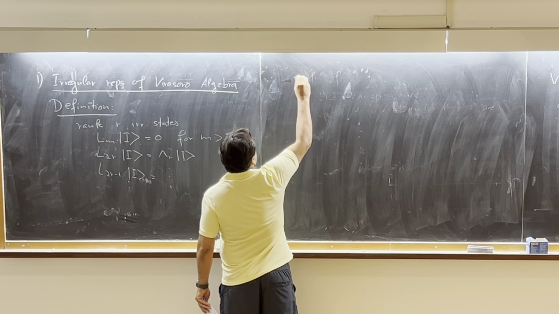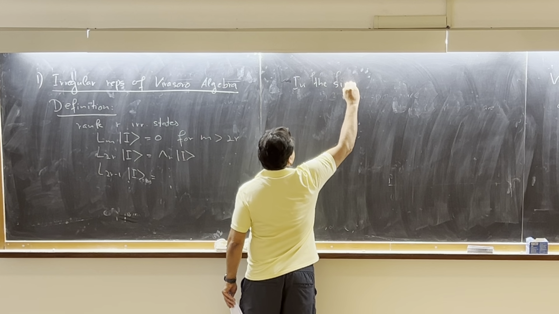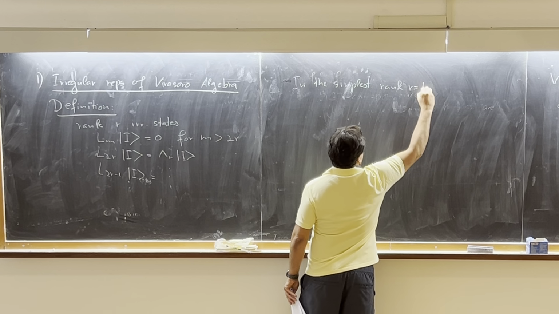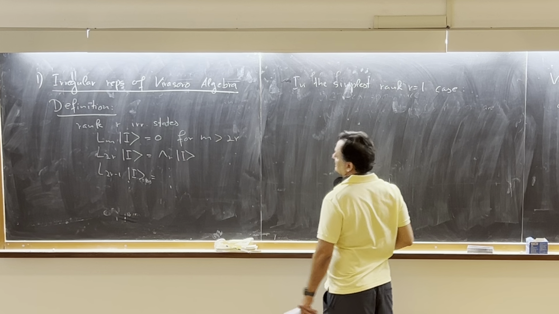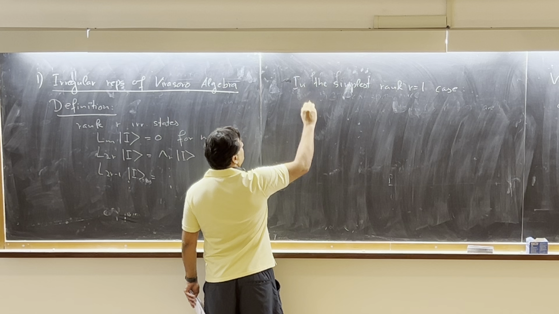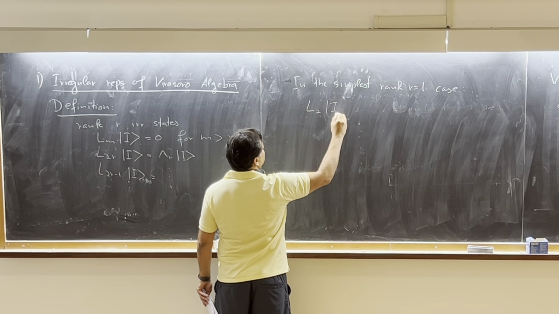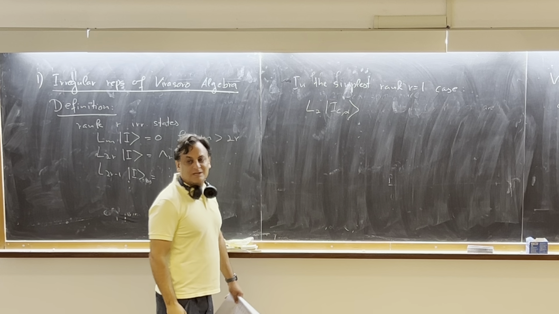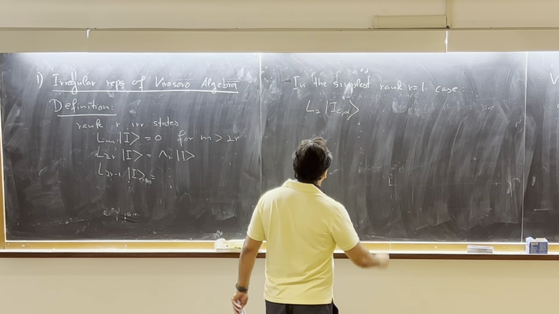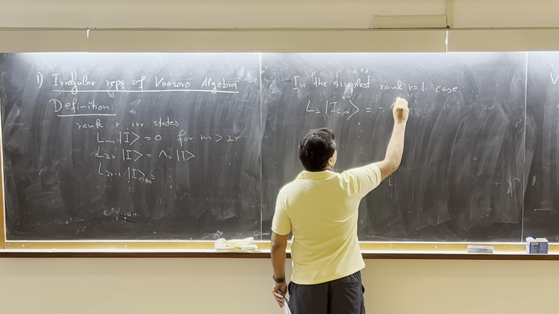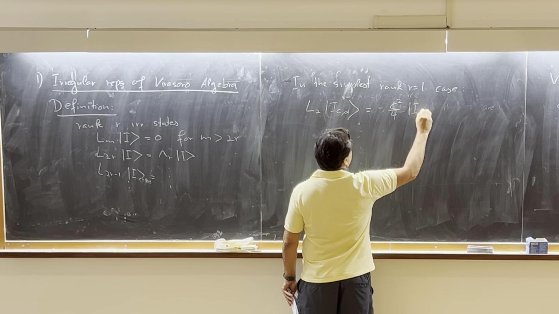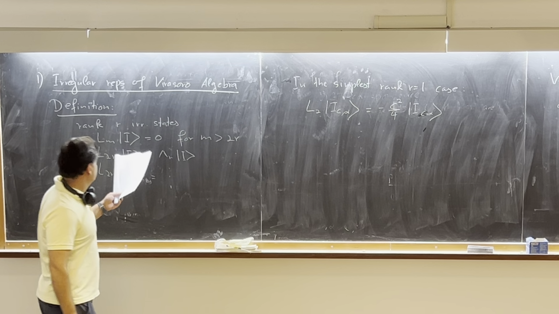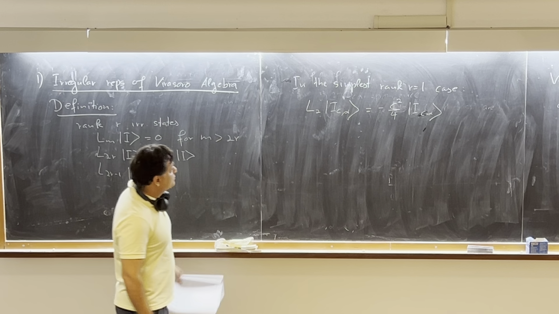In the simplest rank 1 case, these become as follows. You will have L_2 acting on the state, which will be labeled by some parameter c and another parameter alpha. Alpha is again the Liouville momentum, but c is some arbitrary parameter. And this is c squared over 4 times the state. So this is the eigenvalue here. This is what was denoted by lambda_r or lambda_2 here.